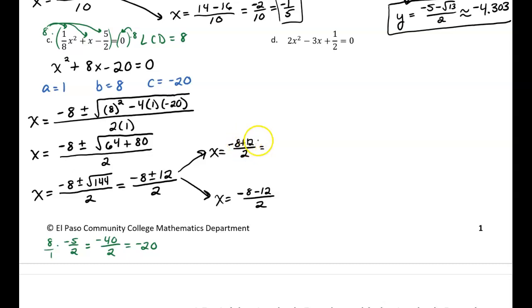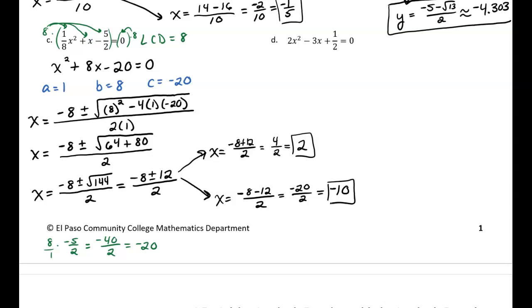And negative 8 plus 12 is a 4. 4 divided by 2 is 2. There's one answer. Over here, negative 8 minus 12, gotta do that first, is a negative 20. Then divided by the 2 gives me a negative 10.